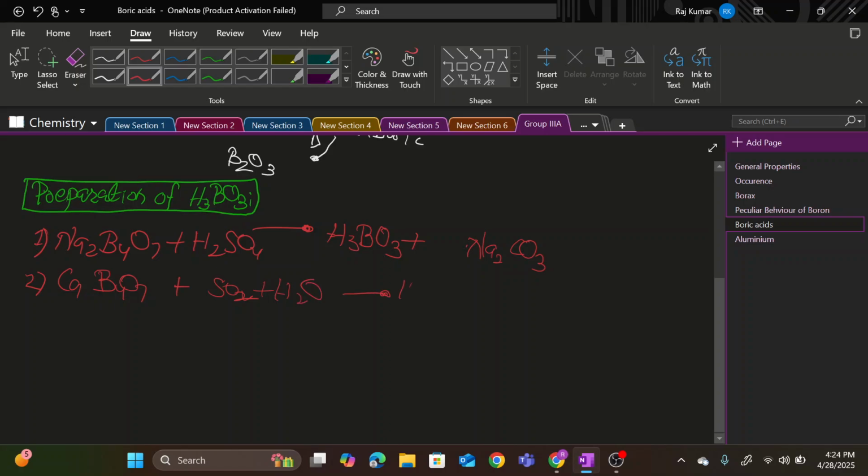With this we can prepare orthoboric acid. Then at that point we are going to get orthoboric acid plus calcium sulfate, calcium sulfide. So these are the methods of preparation.